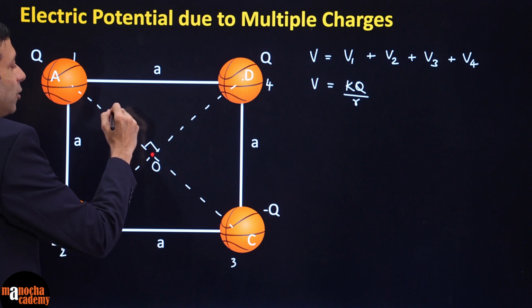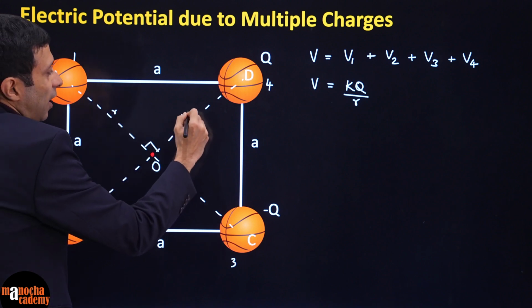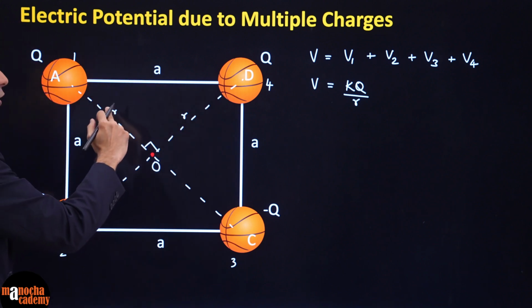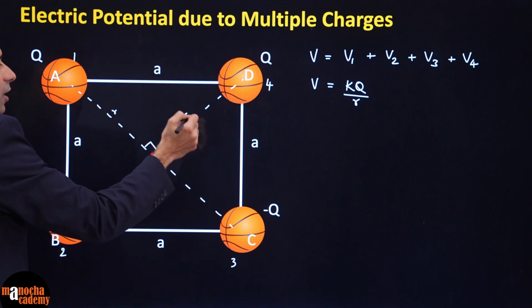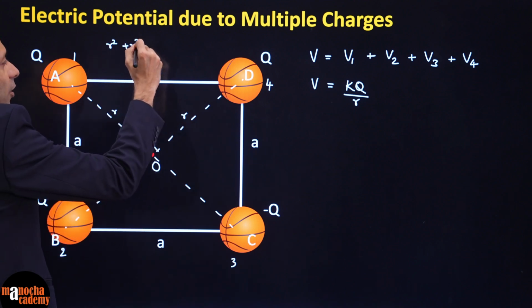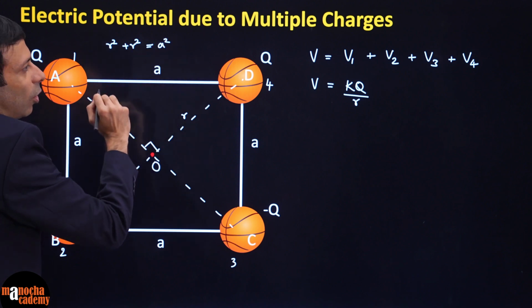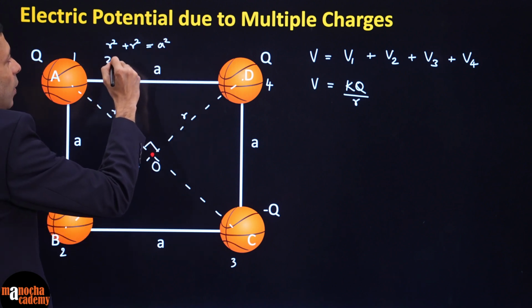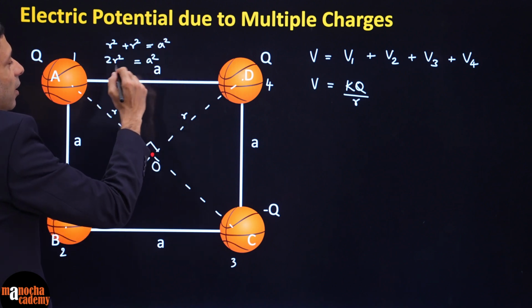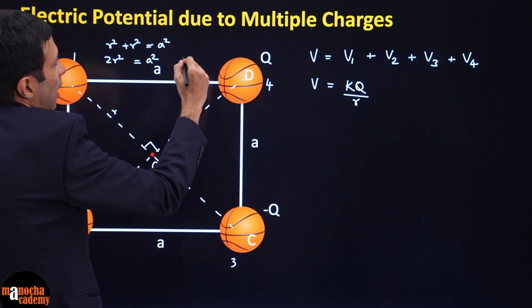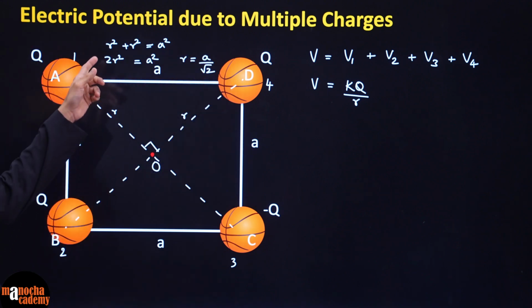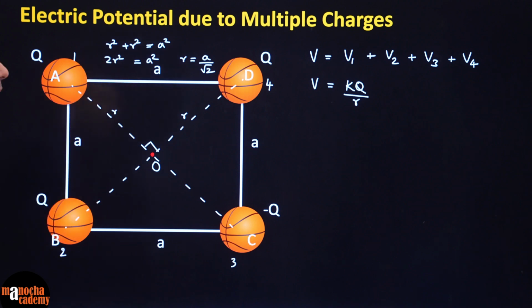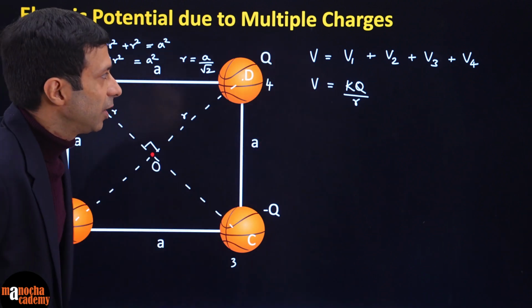So if I take this length to be R and this to be R, you can apply Pythagoras theorem. R square plus R square is A square. Can we do that, guys? So 2R square is A square. If you take a square root, R is basically A by root 2. Can you guys see that? That's it. You just have to substitute it there.